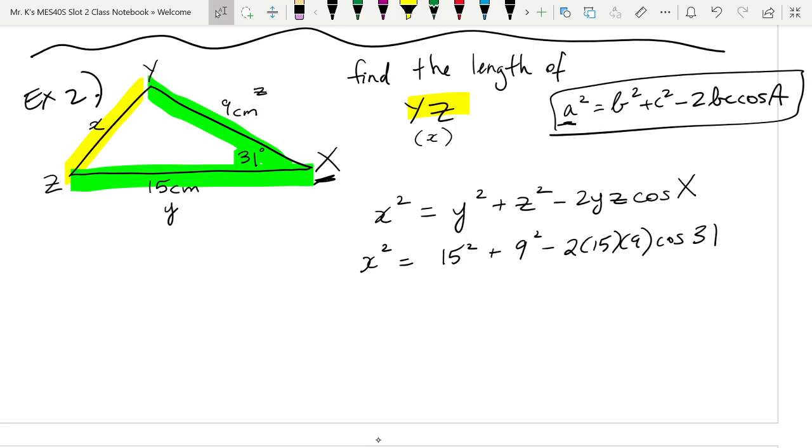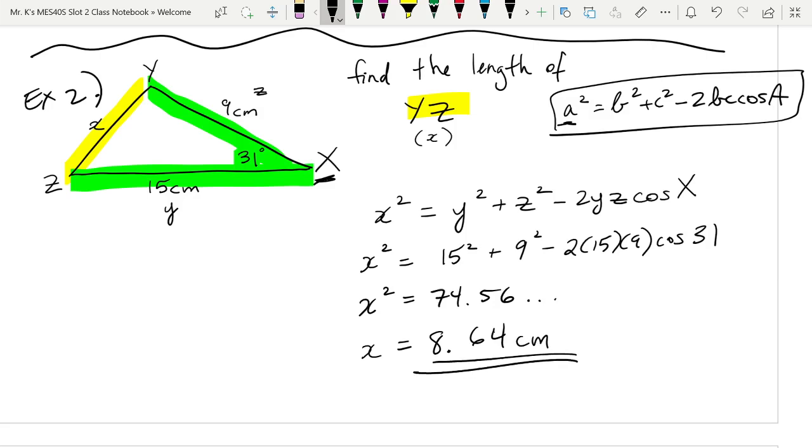Okay, so 15 squared plus 9 squared minus 2 times 15 times 9 times the cosine of 31. I get that x squared is 74.56 and so on. But that's not what x is. Square root my answer, and I get 8.64 centimeters. And there it is.